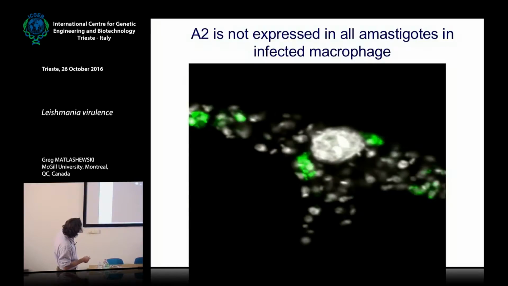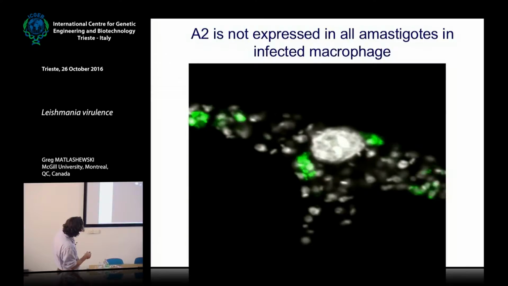And this indicates, to us anyway, that not all of these amastigotes are in the same kind of environment. And from what we know, this gene is turned on whenever the parasite is under stress. So it's not only amastigote specific, but if you stress it, for example, if you put it in heat conditions, this gene is turned on.